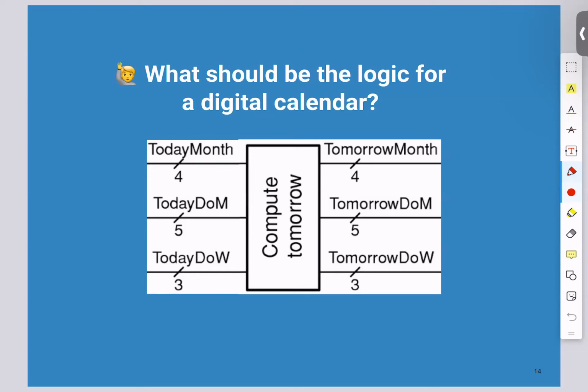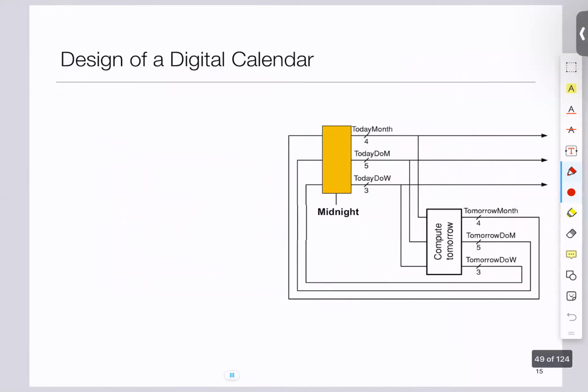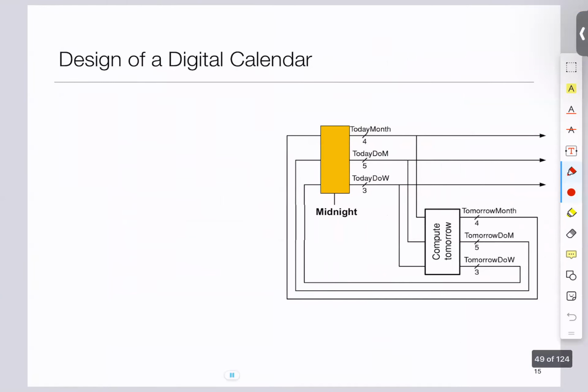And I'm always computing tomorrow's month, tomorrow's day of month, and tomorrow's day of week, and we are going to do it at some sort of clock tick. So at midnight we want to roll over, right? Think of the system as a display. It's displaying today's date, and when the clock tick comes, we want it to roll over.